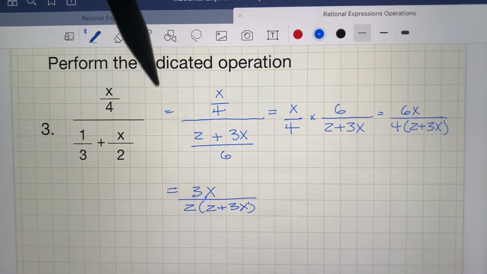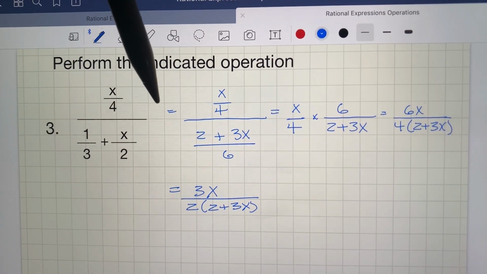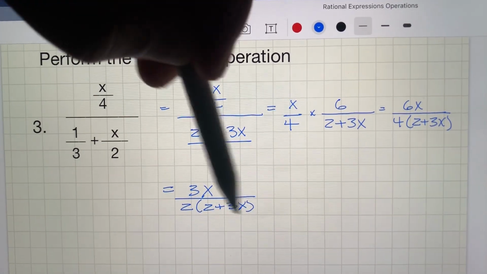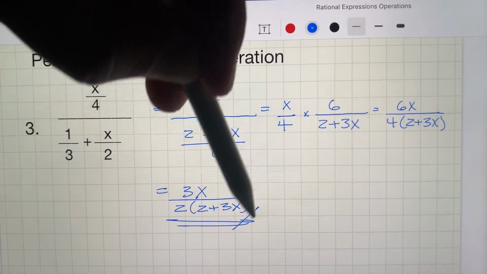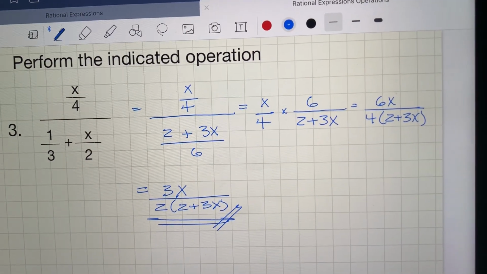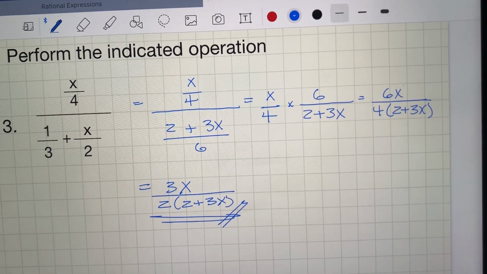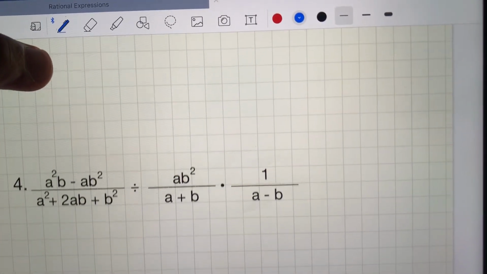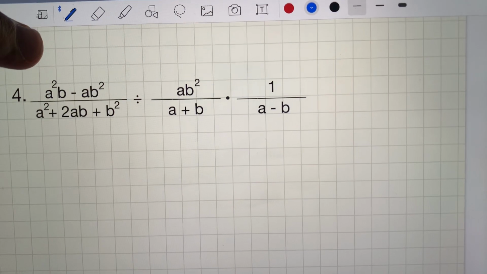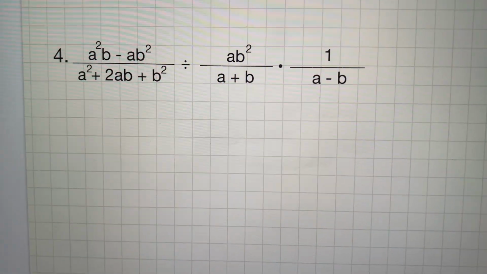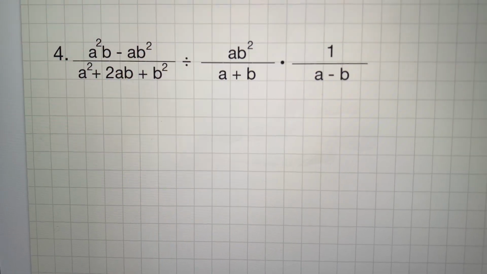And that would be my final answer. That was a rather simple expression to handle. Now let's go to this one, which is a little bit more complex, because we have to remember the arithmetic order of operations.